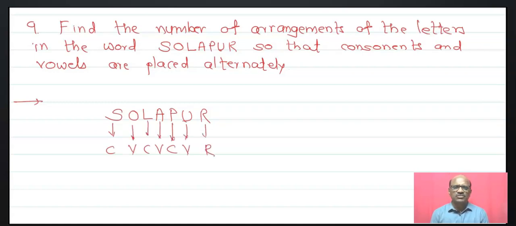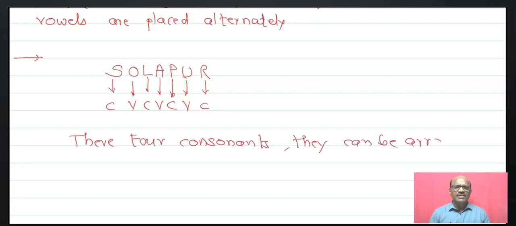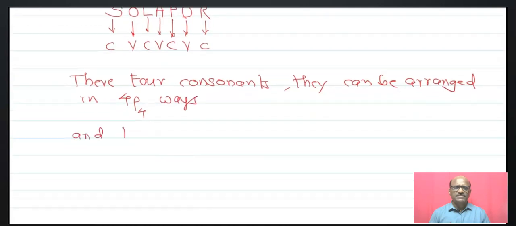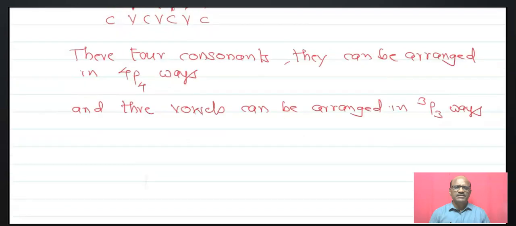Now see this: SOLAPUR, C for the consonants and V for the vowels. There are 4 consonants. They can be arranged in 4P4 ways, and vowels can be arranged in 3P3 ways.